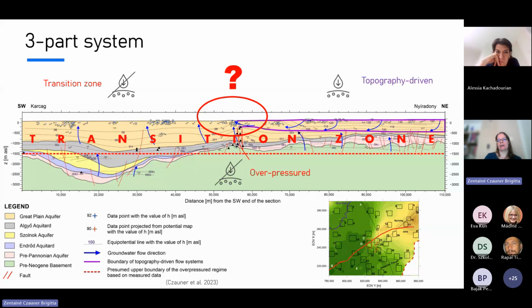Okay, now all of the results that I have shown you until now are coming from the basin scale evaluation of hydraulic data.